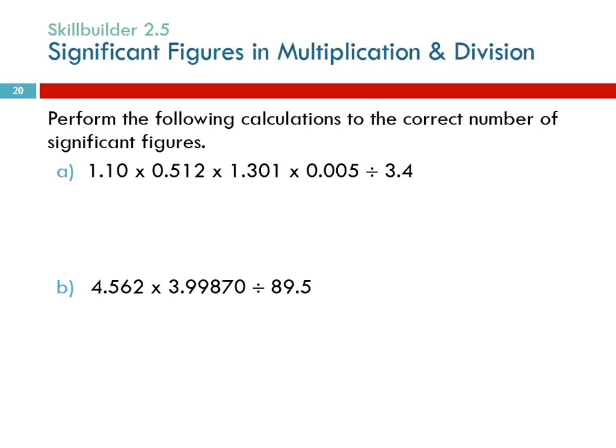1.10 times 0.512 times 1.301 times 0.005 divided by 3.4 equals, and my calculator is showing me 0.0107753412412.